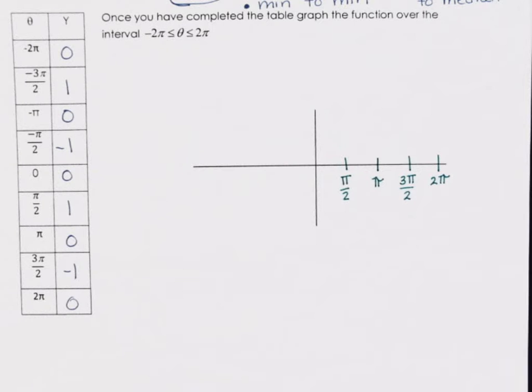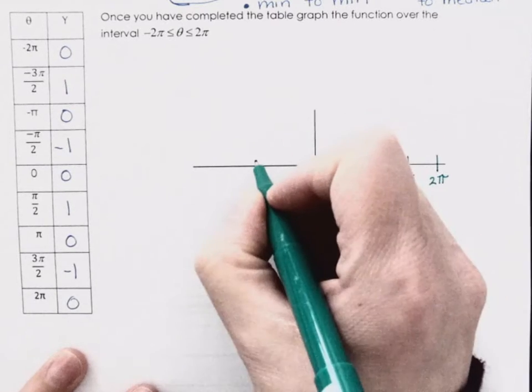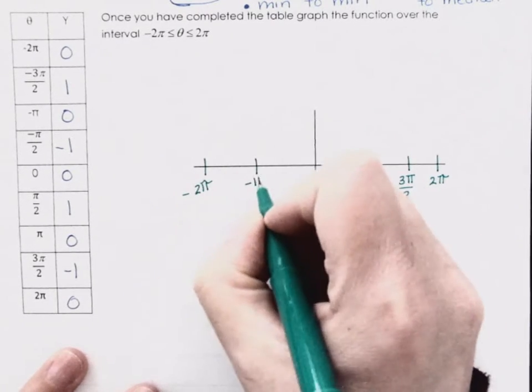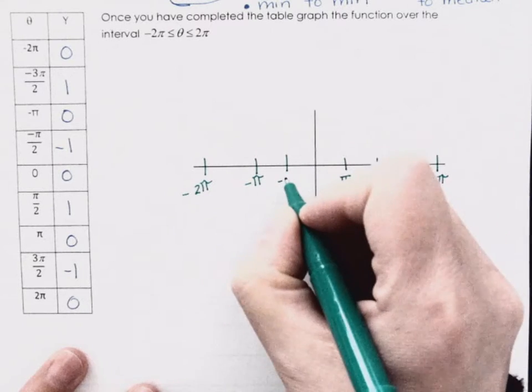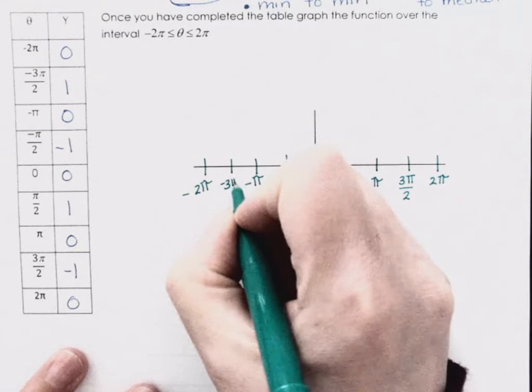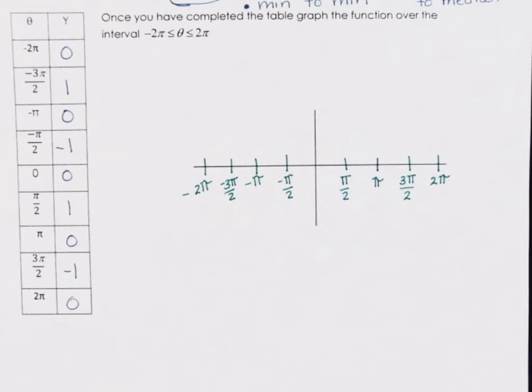So all I'm doing on my x-axis is picking the angles that we had, and then I'm just cutting them in half because that's better for my non-visual kind of brain. What about my y-axis? What's my maximum y value? 1. What's my minimum y value? Negative 1.